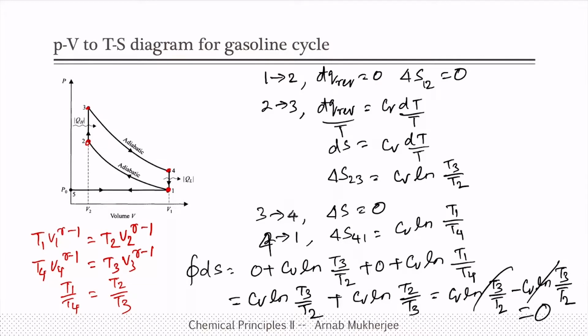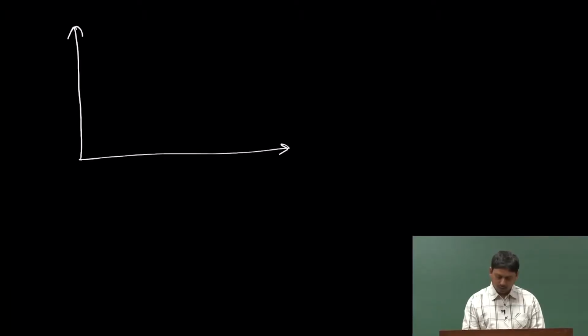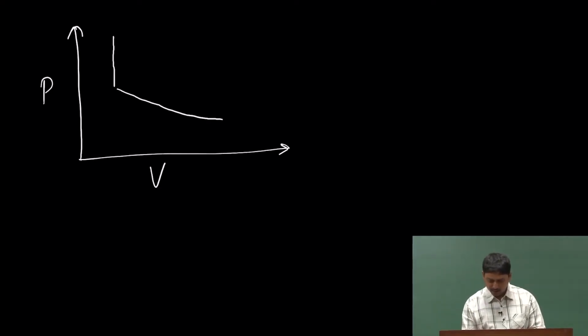So, overall entropy in the cyclic process we are getting to be 0. Now, we are going to show how the PV and TS diagram will look like. So, this is our PV diagram, where this is an isochoric step, this is an adiabatic step, and this is an isochoric step, 1, 2, 3 and 4.